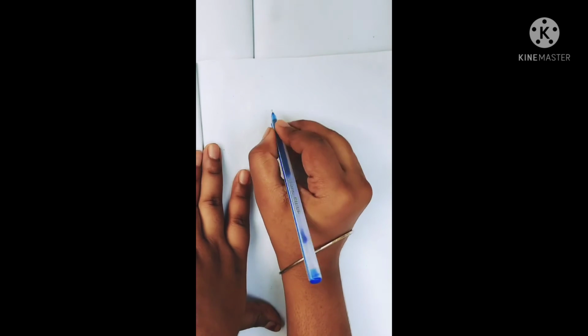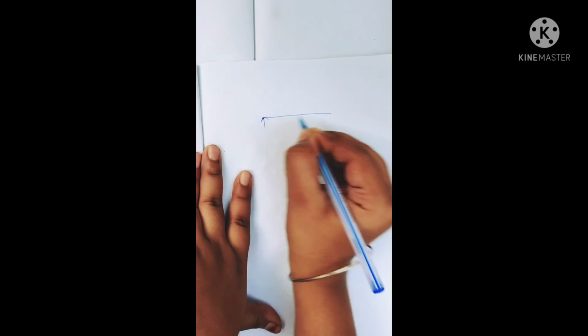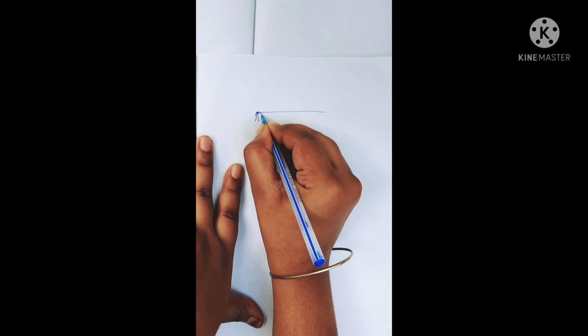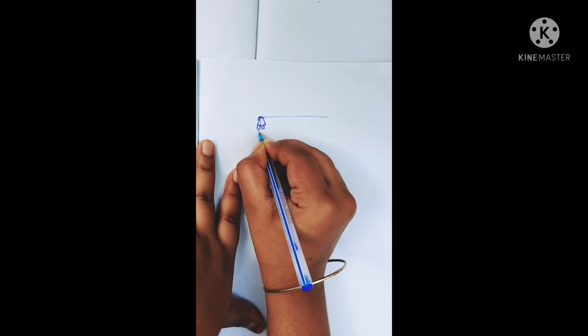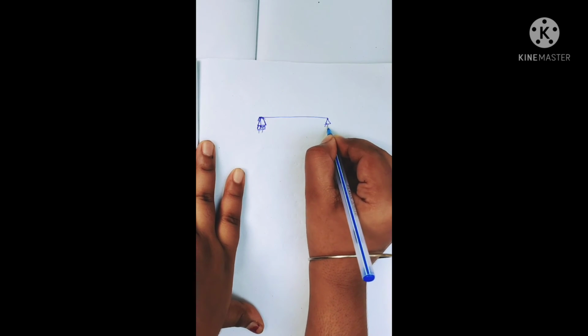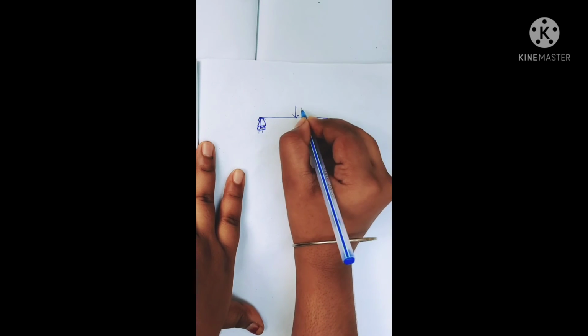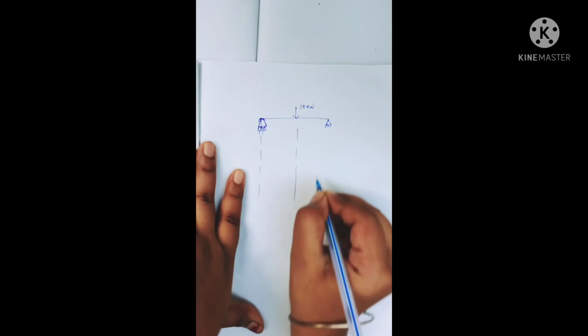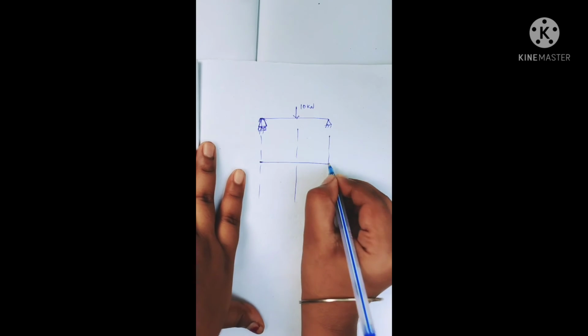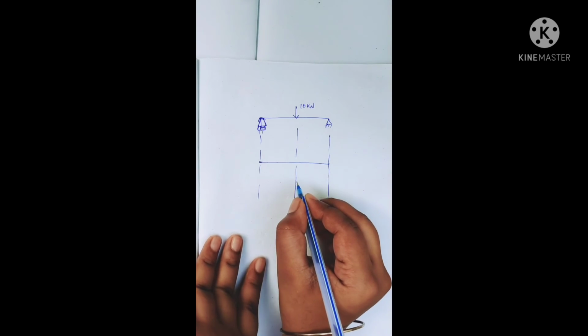Now draw the diagrams. Our beam has a roller support, it will be placed, and the force is 10 kilonewton. Now first draw the shear force diagram.